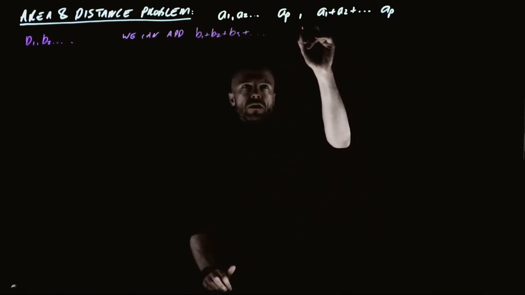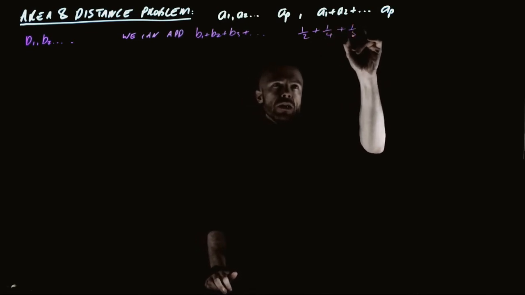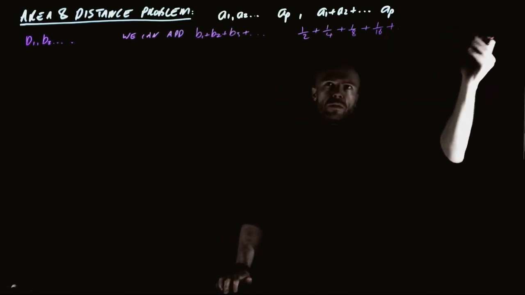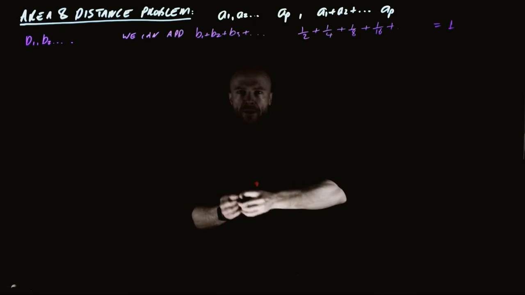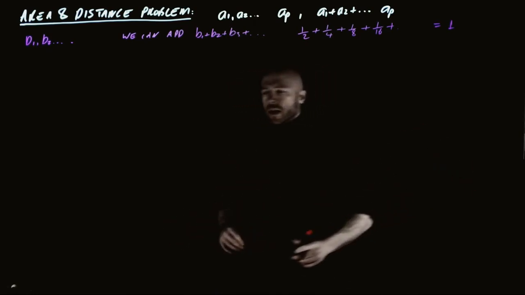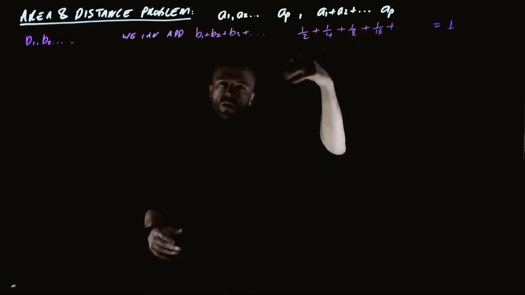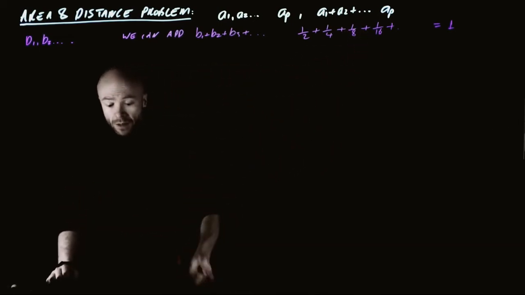An example you might know is if we take a half plus a quarter plus an eighth plus a 16th and so on, this thing ultimately makes sense, right? And this thing is equal to 1. So we can add up this infinite collection of numbers, and it's not massively different than adding up a finite collection of numbers once you have a way to make this infinite sum be meaningful.